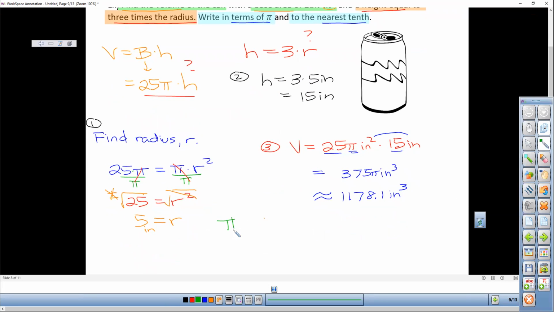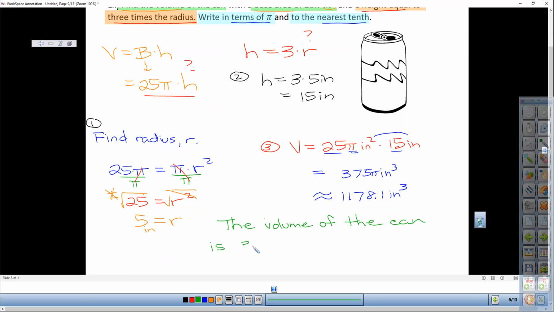So the volume of the can is 375 pi cubic inches, or which is about 1,178.1 cubic inches.